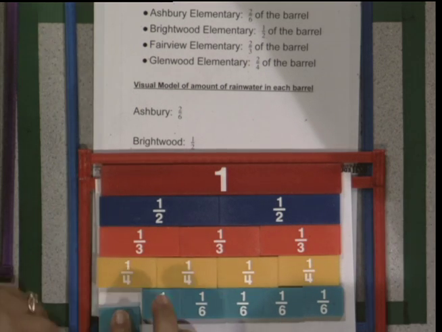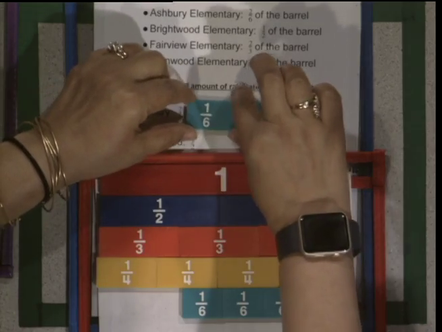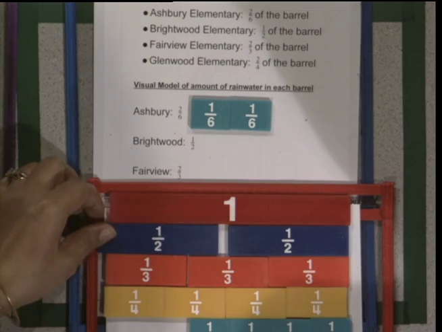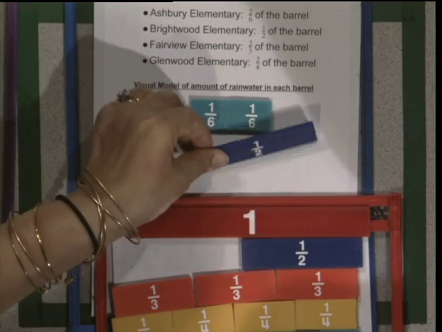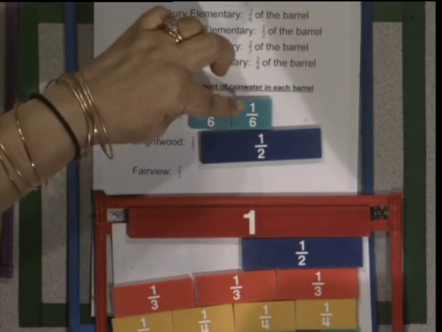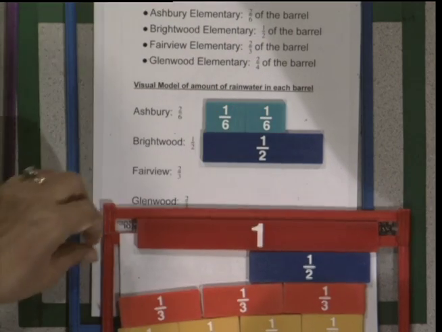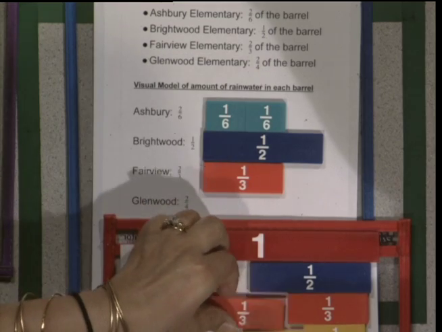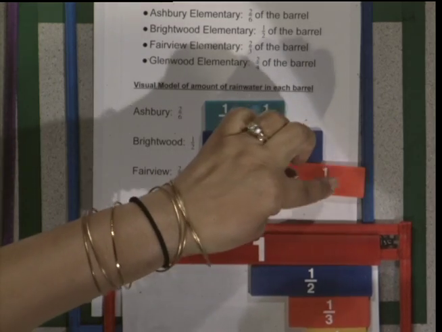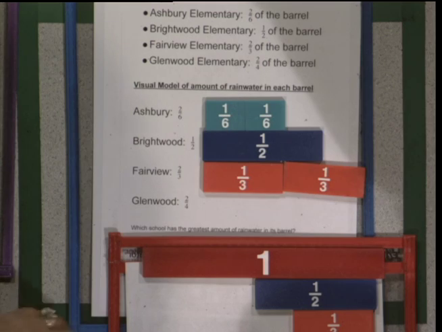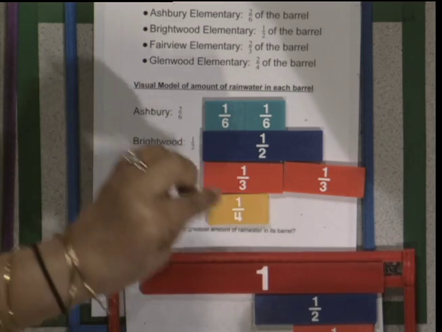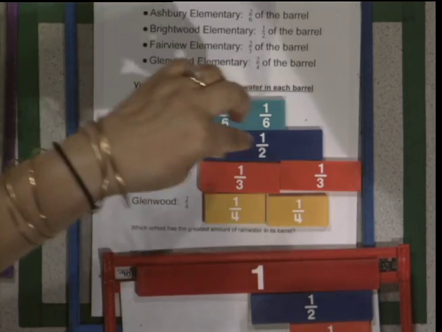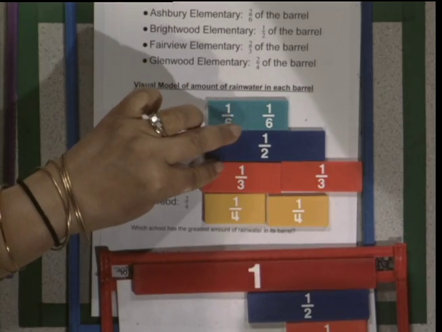I will need 2 of the 6. Okay, Brightwood has 1/2. Fairview has 2/3, so that will mean 2 of the thirds. And Glenwood has 2/4.